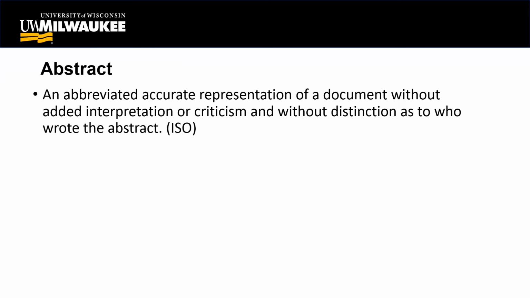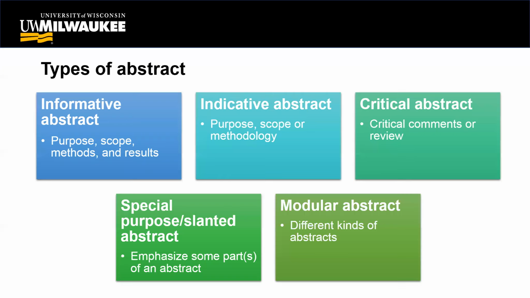It's an abbreviated, accurate representation of a document without adding interpretation or criticism, unless it's a special type of abstract, okay? There are types of abstract. The informative abstract is probably the most popular one, because it includes purpose, scope, method, results.